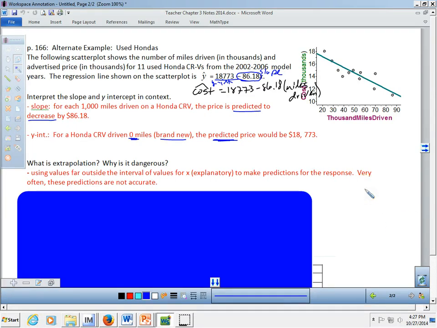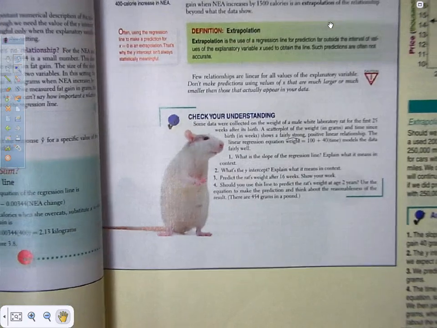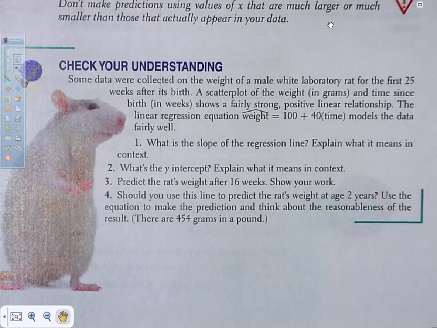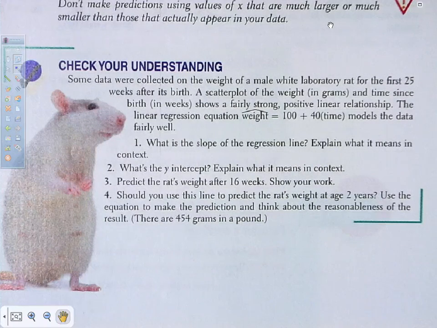And so we can stop there with our definitions. I want to make sure that we're picking up everything that we need to do here. So in your book, and hopefully you brought your book with you, but if you didn't, I'll put this up here for you to take a look at. There's a check your understanding on page 167. And it's talking about male white lab rats.